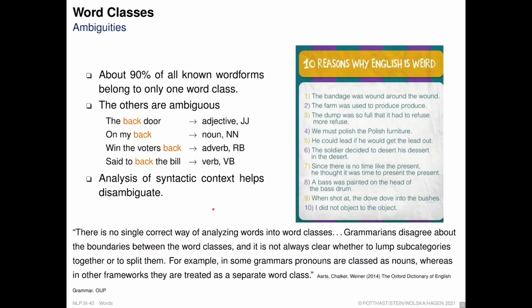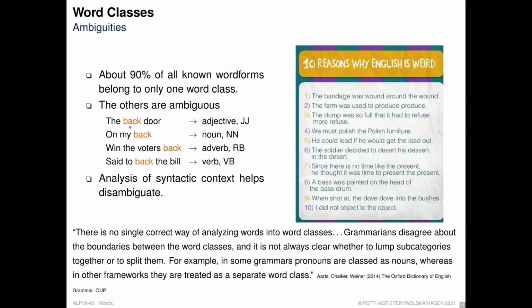So these are word classes, and I already mentioned problems with the definition. There is, of course, another problem with word classes, and that is that most word forms are ambiguous. They may belong to more than one word class. And in English, this is very often the case. Here are some examples of ambiguous words.